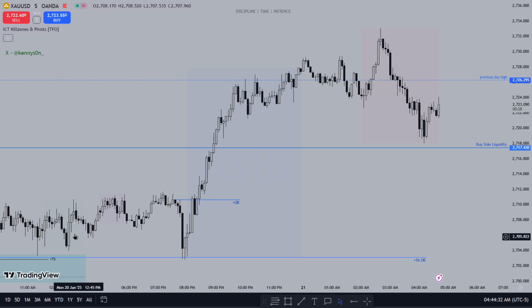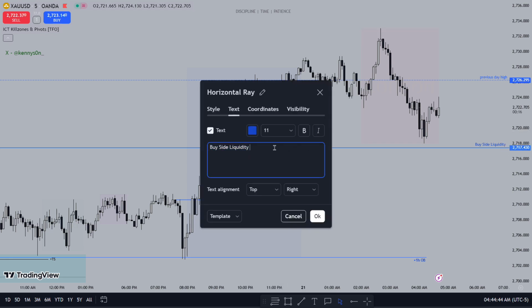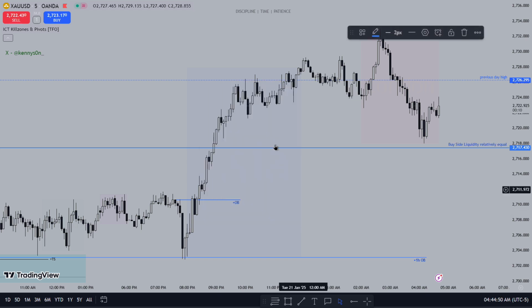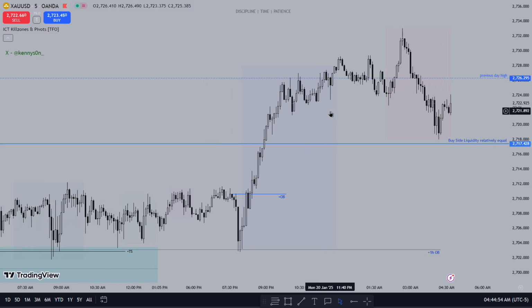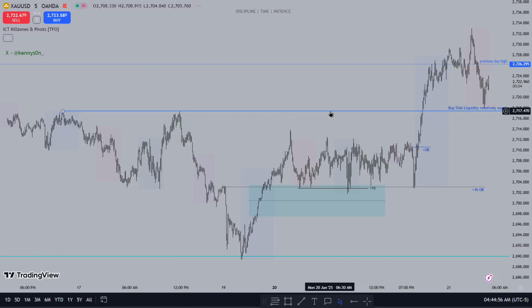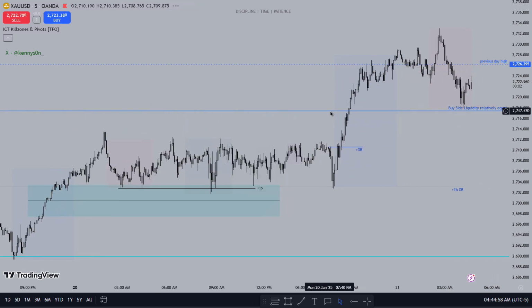So like I said, swept these lows, total soup, change the state of delivery, order block, traded back to the hourly order block, and then we attacked these relatively equal highs and straight up went to my draw on liquidity, which was the previous day high.